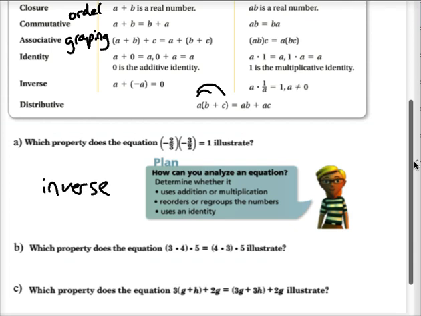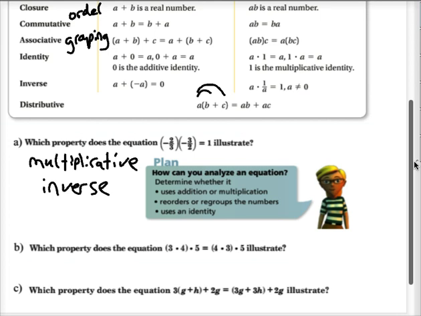Okay, inverse. Now, I would like you to be more specific. What type of inverse? Because remember, there's two of them. It is the multiplicative inverse. That should be obvious, you're multiplying, but again, with inverse, you're thinking of multiplying two things together to give you 1. That is a multiplicative inverse.